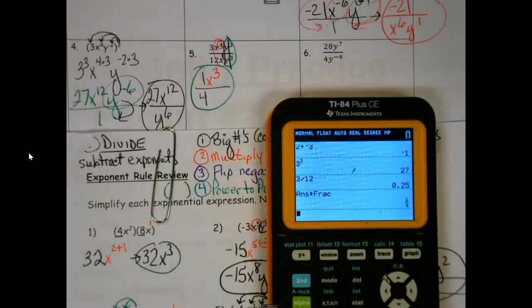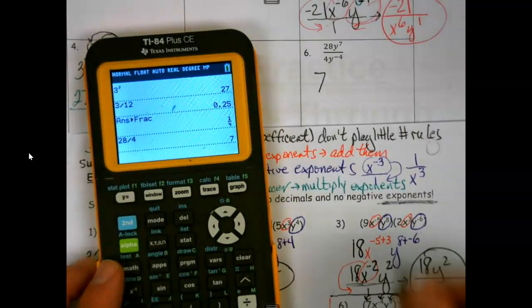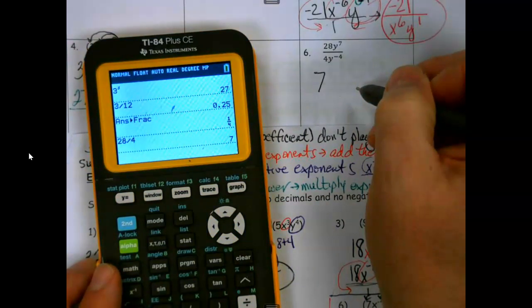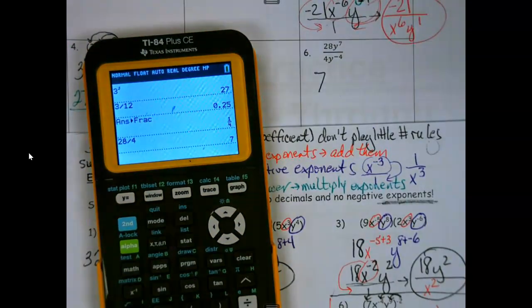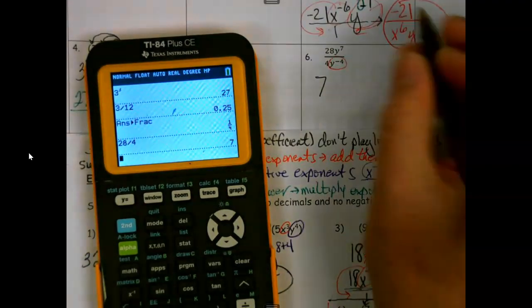And then this last one. Again, let the tools help you. 28 divided by 4 is 7. Okay, 7. Now here I have a choice. Could I do 7 minus negative 4? I could. That would work. Or I can say, hey, I don't like this negative exponent.